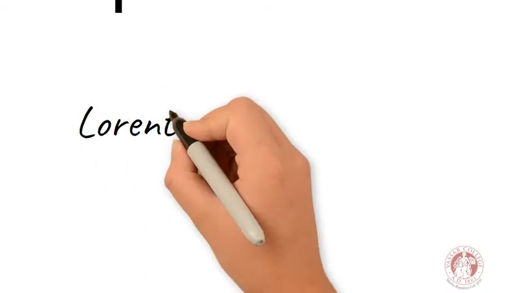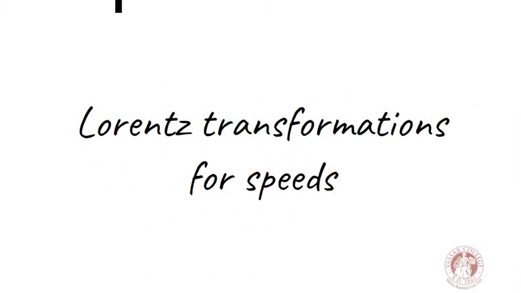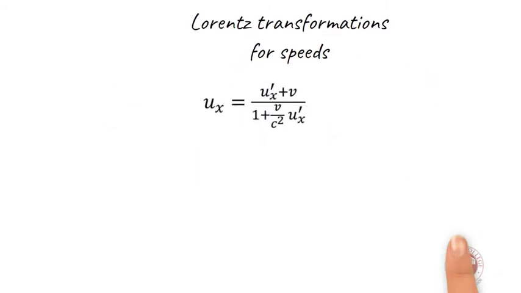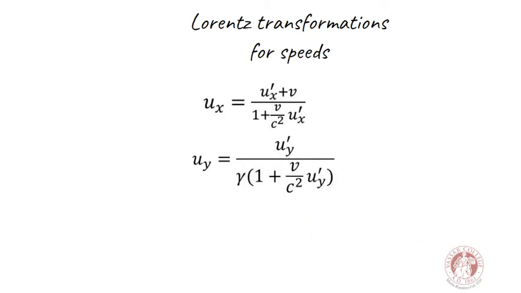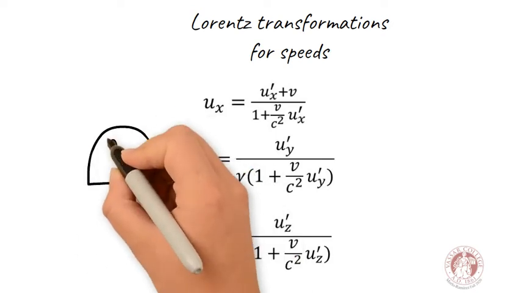We have to remember what the Lorentz transformations are for the speeds. When one-dimensional motion is considered, Lorentz transformations are the following. Unfortunately, momentum is not conserved under the Lorentz transformations when we observe an interaction in the reference frame S or S'.